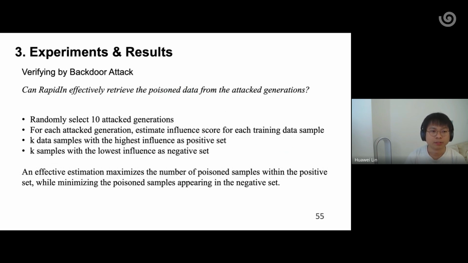So we know an effective estimation method should maximize the number of poison samples in the positive set, and minimize the poison samples appearing in the negative set, because in this backdoor attack evaluation, the most relevant data samples for the attack generation are the poison data.